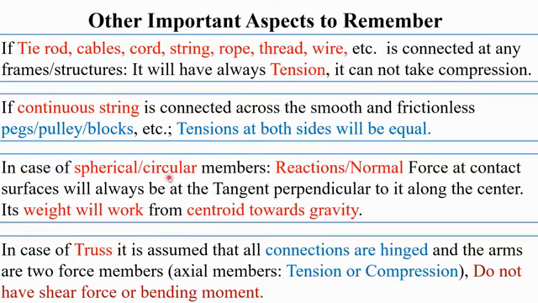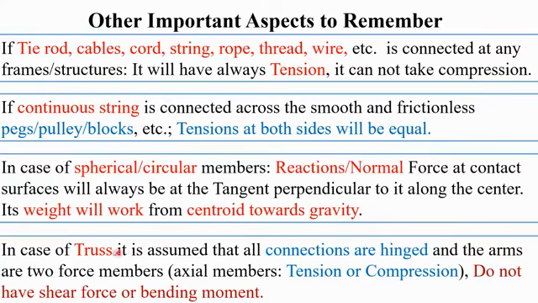In case of a spherical or circular member, reactions or normal forces at the contact surface will always be at the tangent, perpendicular to it along the center. The weight will work from the center towards the gravity.